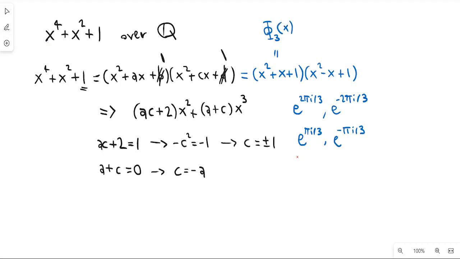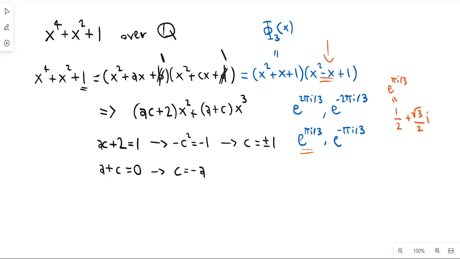So if you want to check that this is a root of this polynomial, for example, you can convert this to rectangular coordinates. So this is the same as 1/2 plus root 3 over 2 i. And you can check that if you plug that into this polynomial up here, you actually get 0, right? And similarly, you can check with all the other ones.